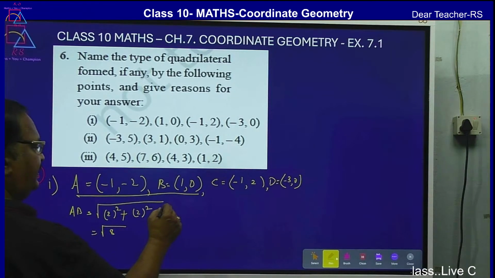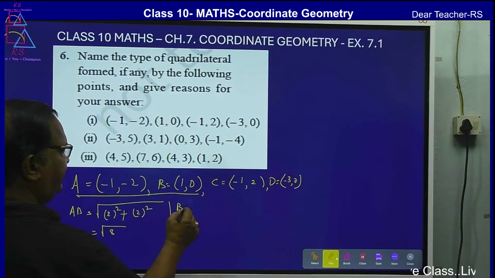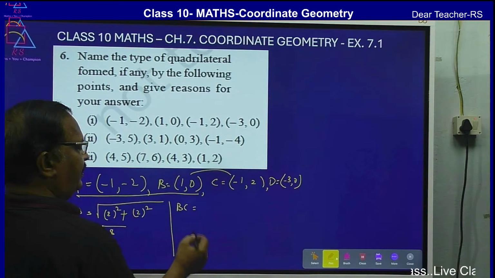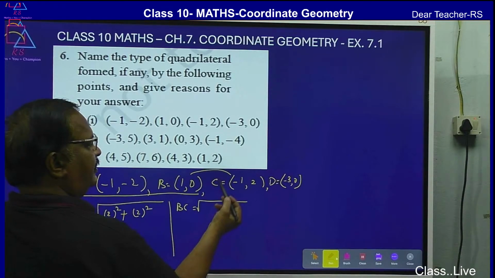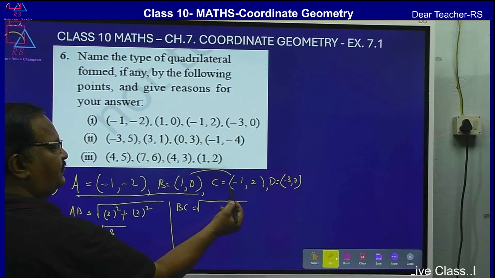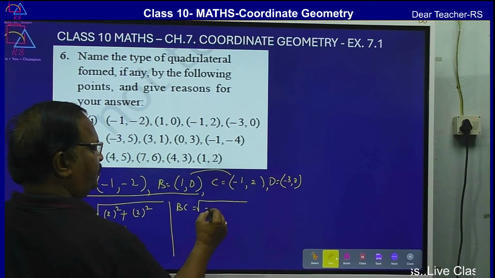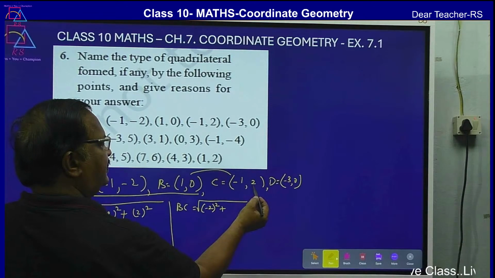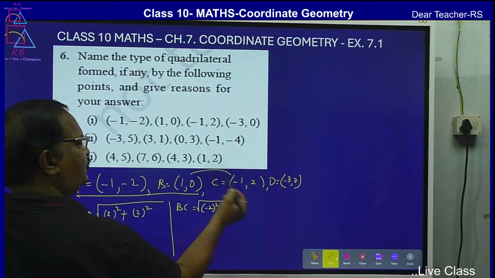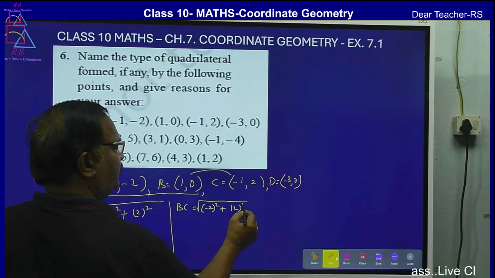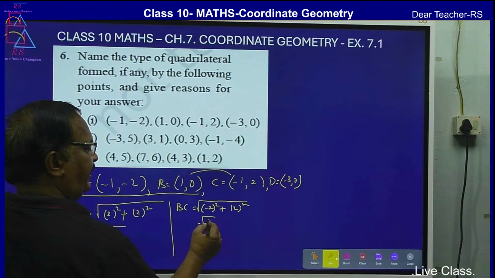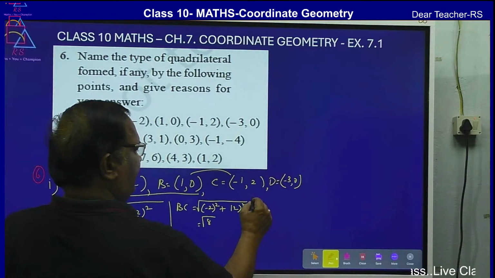Now let me do BC. Again you take these two points: square root of (x2 minus x1), that is minus 1 minus 1, which is minus 2, whole square, and (y2 minus y1), that is 2 minus 0, which is 2, whole square. That is 4 plus 4, root 8.